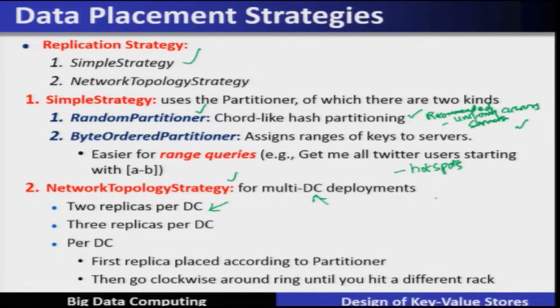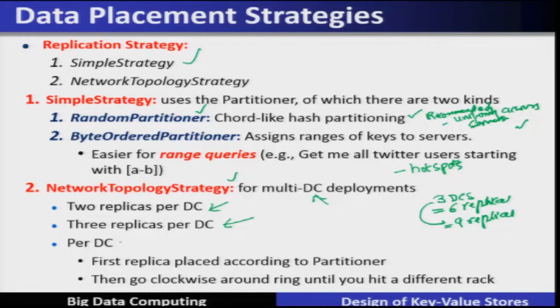So, if there are 3 data centers, then it requires 2 replicas per data center, that means 6 replicas across different data centers. Similarly, with 3 replicas per data center and 3 different data centers, 9 different replicas will be there across all the data centers.